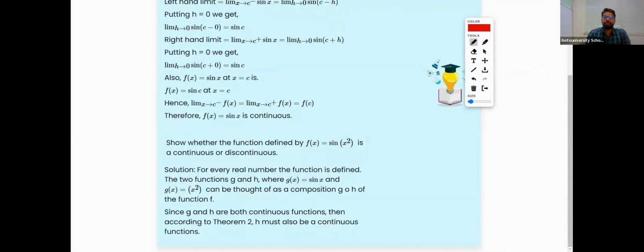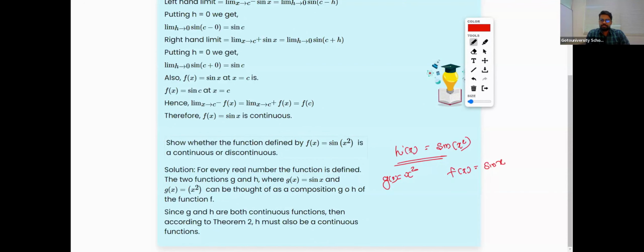Right, now how are we going to prove this? Are we going to use all these steps, or do we have any shortcut for this? So there is a function now: f of x is equal to sine of x square. Let me name this x square in the bracket as g of x, and let f of x be sine x.